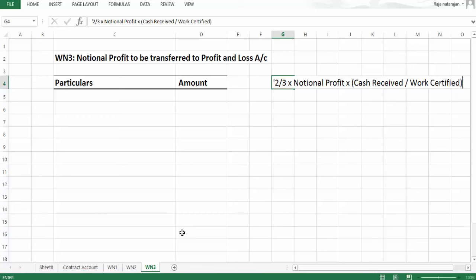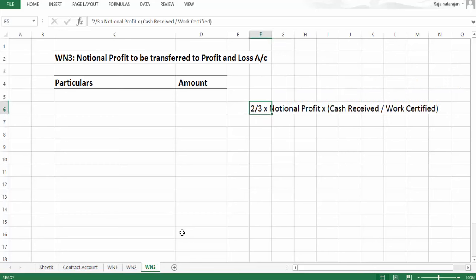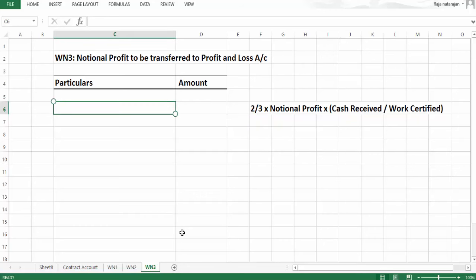So this is the formula. So we need all this information. If we have all this information, we can find out what is the notional profit that can be taken to profit and loss account.